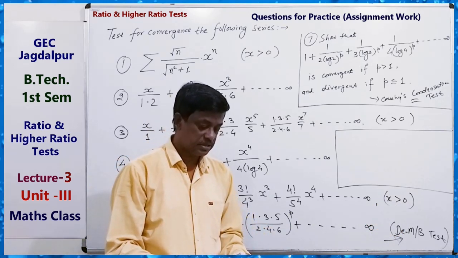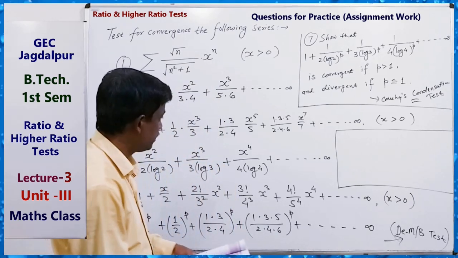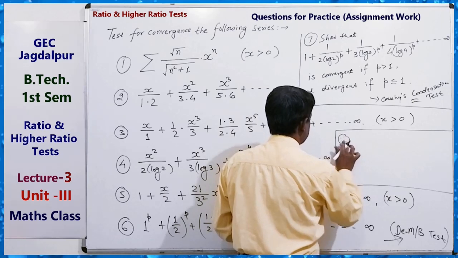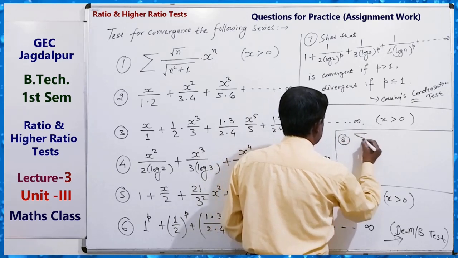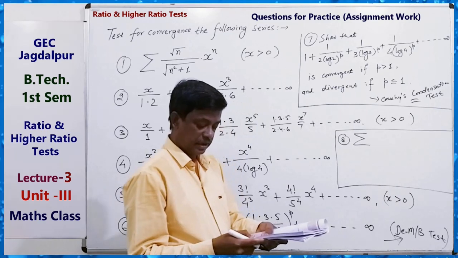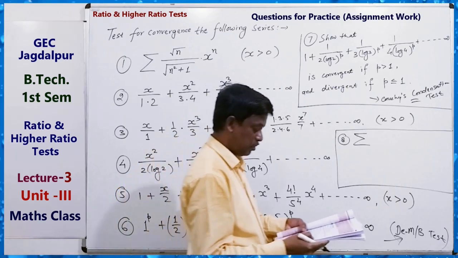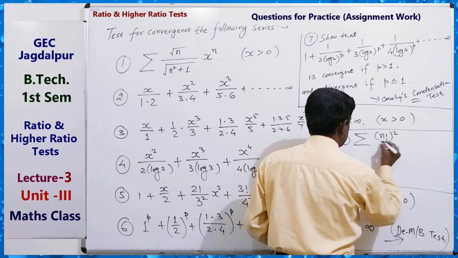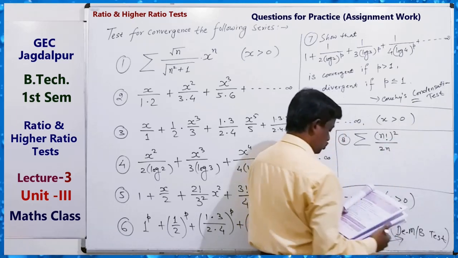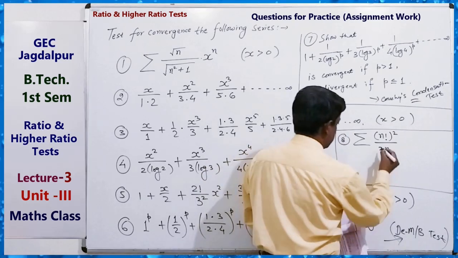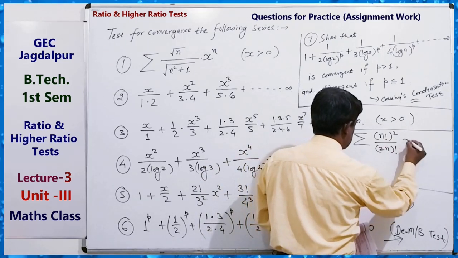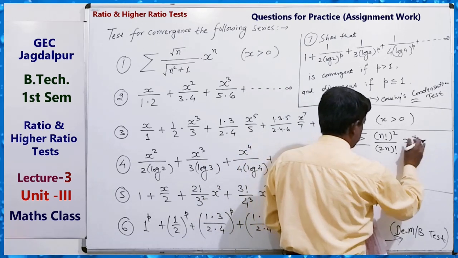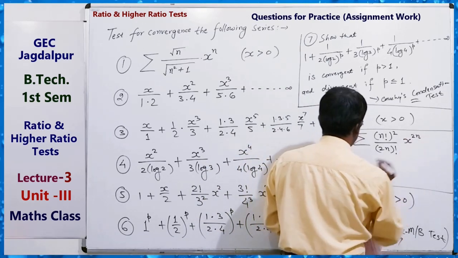Test for convergence, question 8: summation n factorial square upon 2n factorial x to the power 2n.